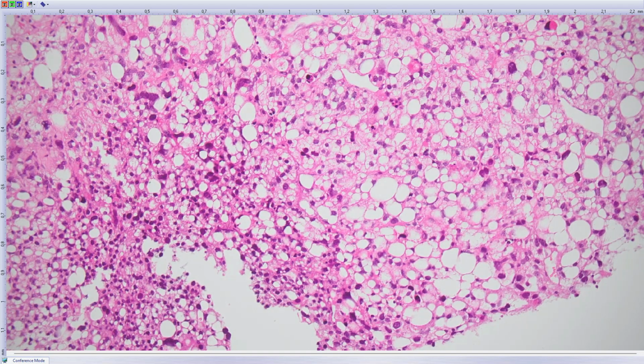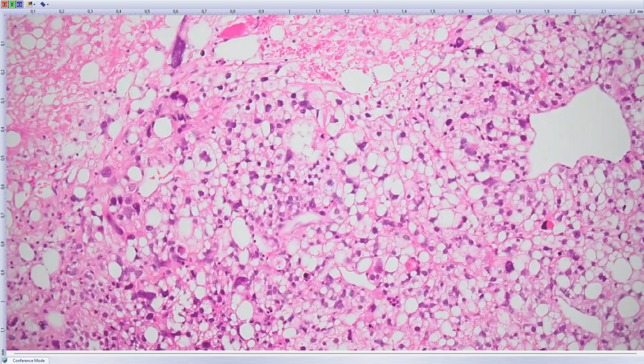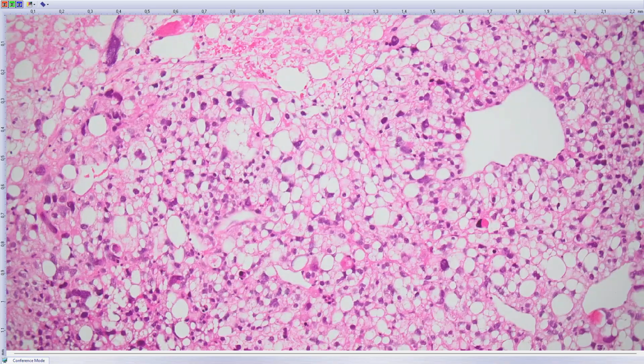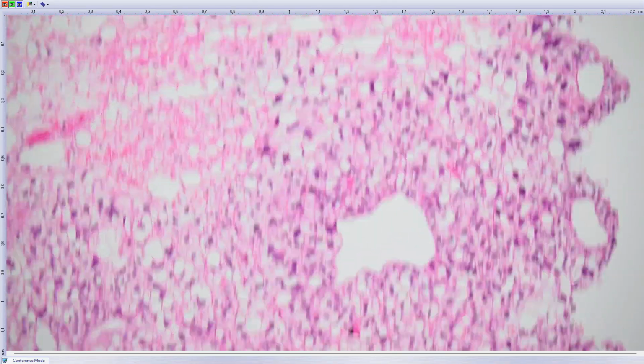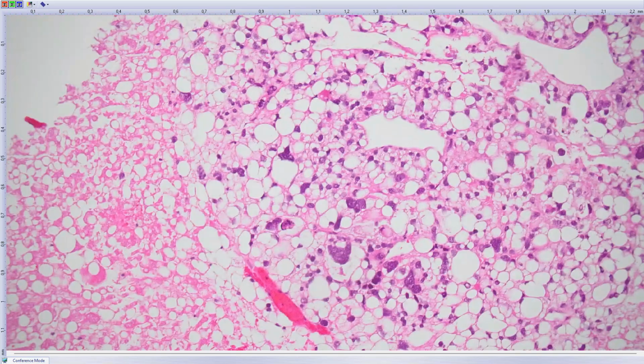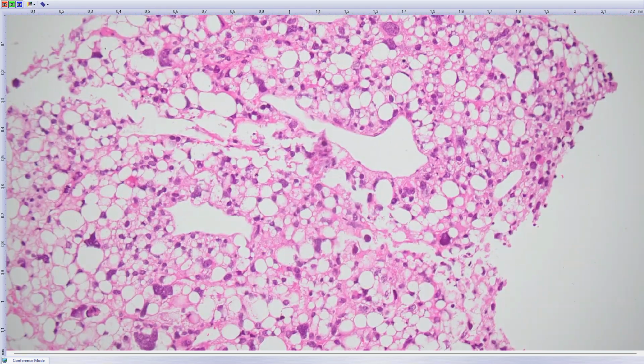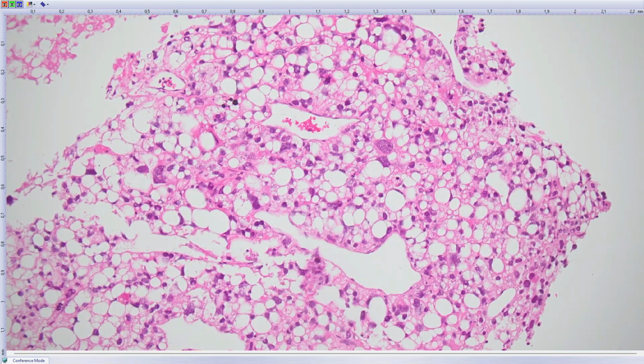You can see clearly adipocytic differentiation. The cells are very pleomorphic, bizarre, atypical, with lots of mitotic figures, necrosis. So basically the only differential diagnosis is differentiated liposarcoma with a homologous differentiated component.